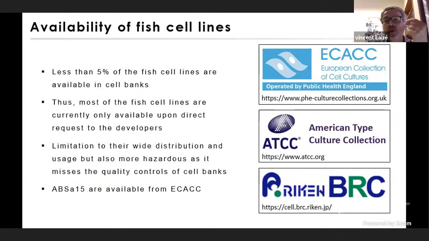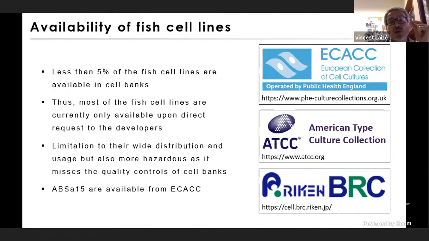And it is very important because in the past, and it's not only related to fish cell lines, it also happened with other cell lines, there was some misannotation of cell lines. One example is the EPC cell line, which was supposed to originate from carp. After some time, and after a few papers were published on that cell line, they realized that it was from the fathead minnow, okay?